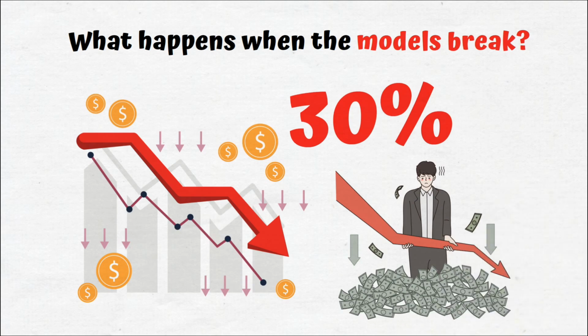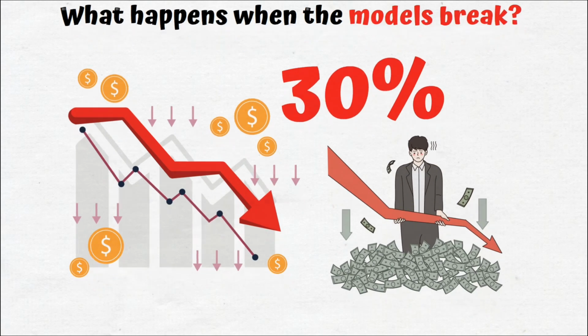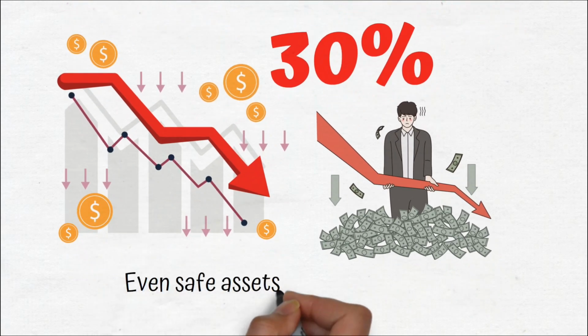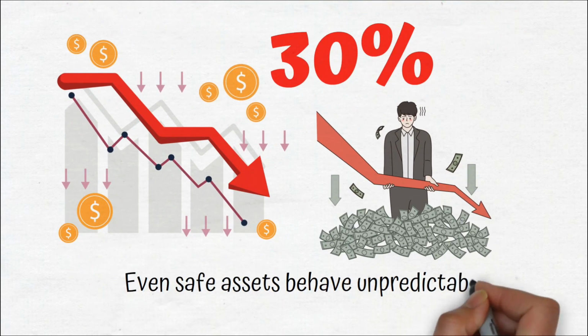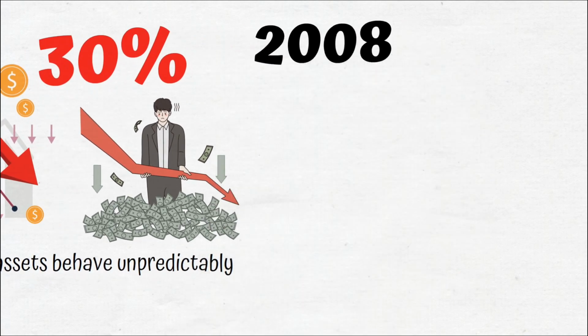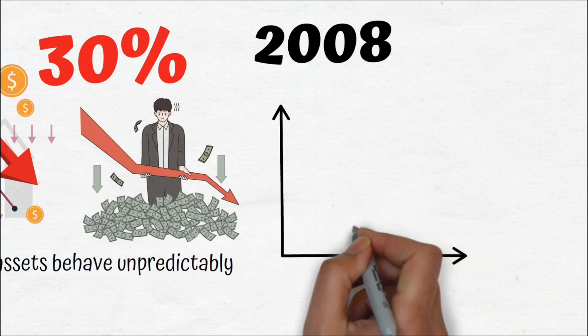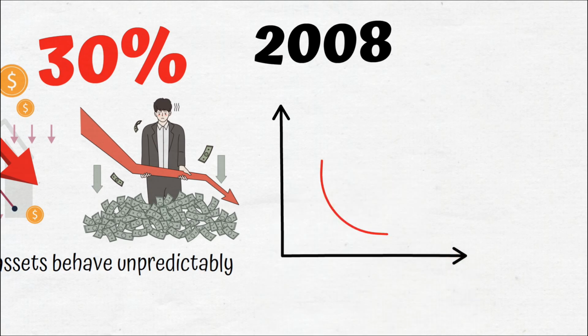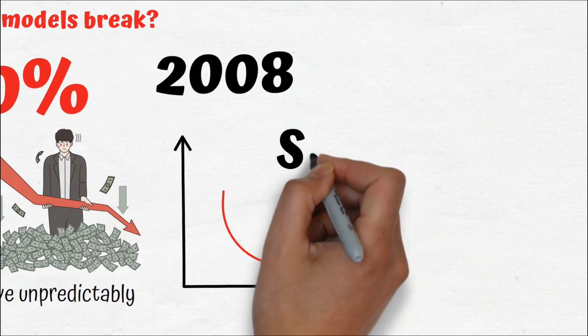In a crisis, bonds don't behave normally. Liquidity dries up, and even safe assets behave unpredictably. In 2008, funds with complex convexity exposure, especially negative convexity, were hit hardest. The lesson: in chaos, convexity becomes more than math.